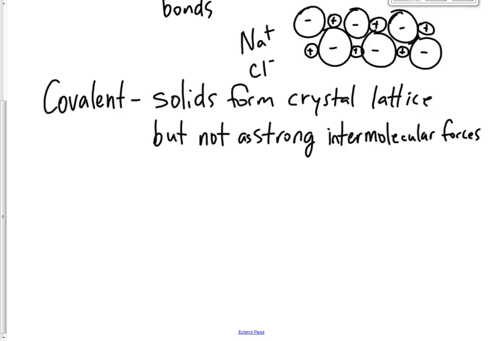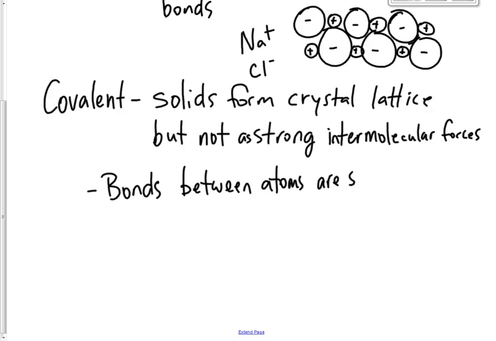Okay. If we talk about covalent bonds a little bit more, these have bonds between atoms. And the bonds between the atoms are strong, so they hold together well, okay, but the attractive forces that hold other molecules together are weak.